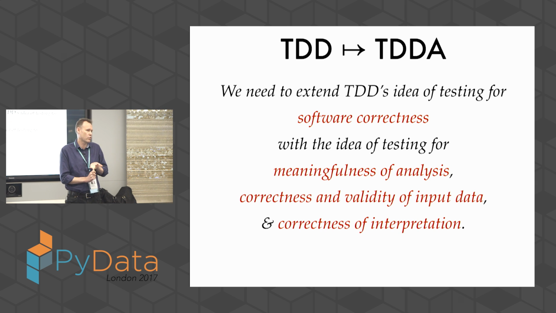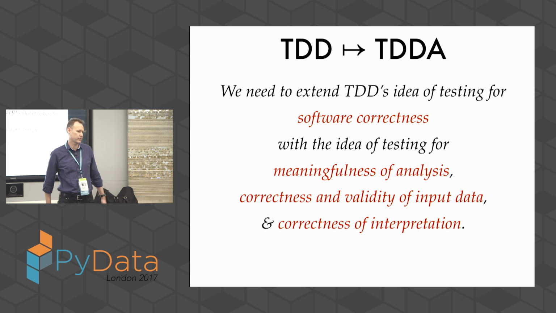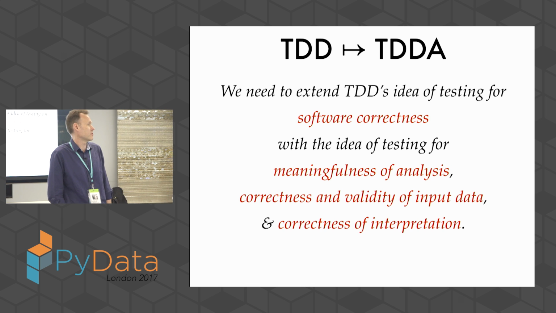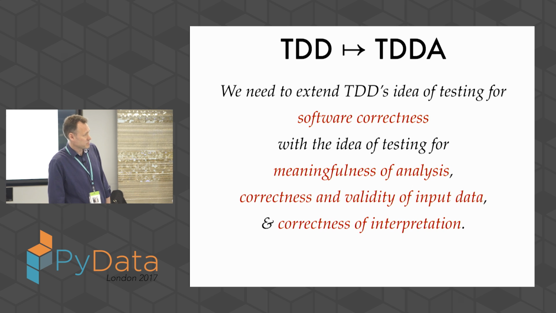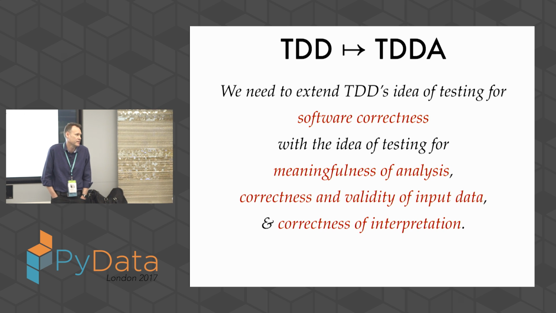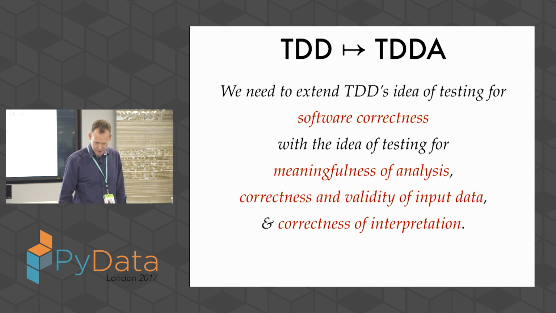We're not really doing our jobs as analysts, I would say, if we just say, you give me garbage in, I'm going to give you garbage out. We have to take responsibility for trying to make sure, as far as we can, that things look okay. And perhaps most difficult of all, we also have to take some responsibility for the correctness of interpretation, at least in the sense of making our outputs as clear as possible and making it as hard as possible for people to misinterpret our results.